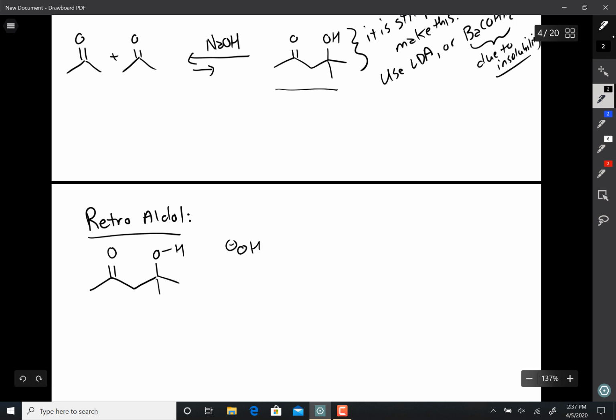And it's basically the aldol in reverse, where you deprotonate the OH, OMe minus, and these electrons swing down and they kick the enolate off.